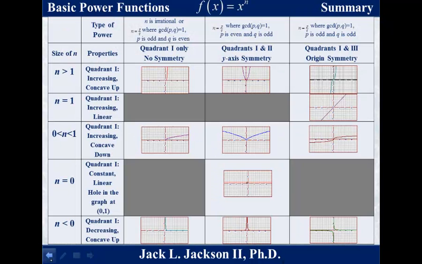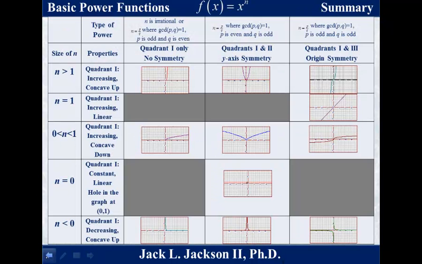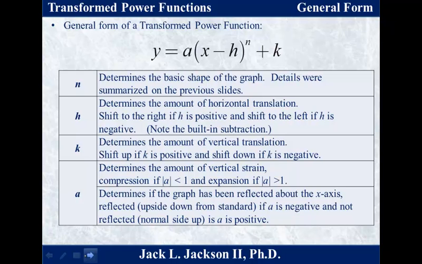We're going to call this the basic way, and then it's flipped upside down over the x-axis if a is negative. So that would be upside down from the standard, and the standard way, the normal side up, is what happens if a is positive. Okay? And so this is going to give you a transformed power function.